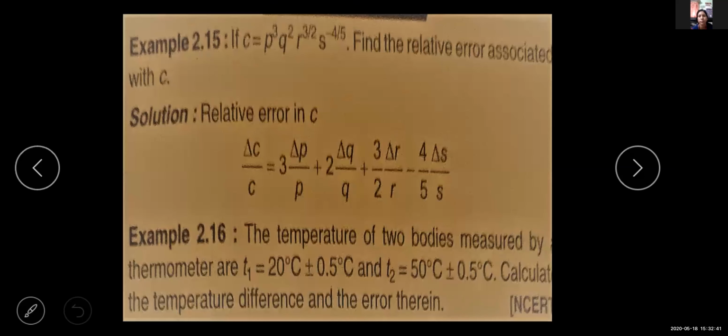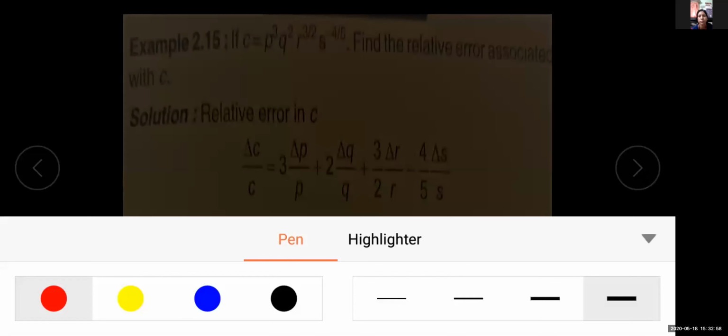And there is another example. C equal to P square Q into Q square plus R raised to power 3 by 2 S raised to power minus 4 by 5. Find the relative error associated with C. So this is a solved example.